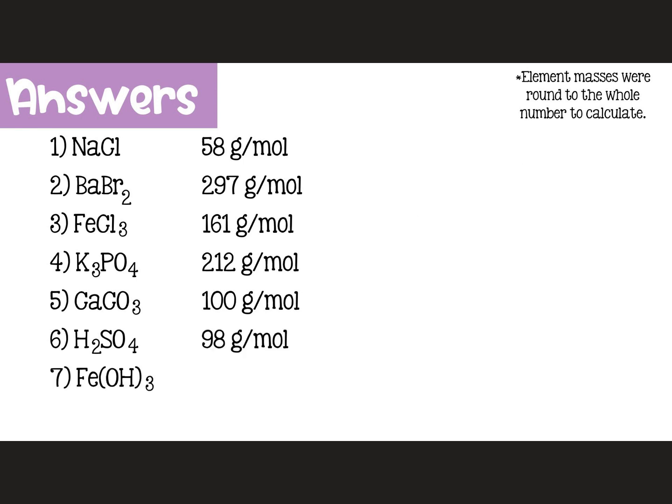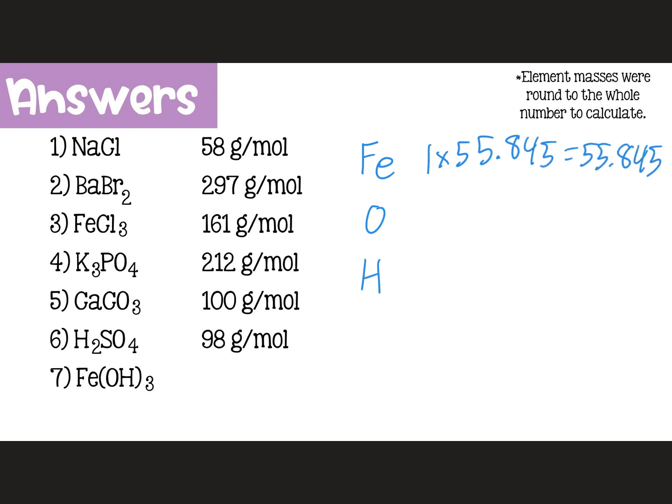Let's have a look at example 7, iron 3 hydroxide. First, we have one iron atom with an atomic mass of 55.845 for a total mass of iron of 55.845. Then we have three oxygen atoms, each with an atomic mass of 15.999 for a total mass of oxygen of 47.997.